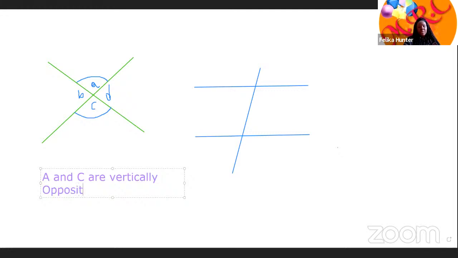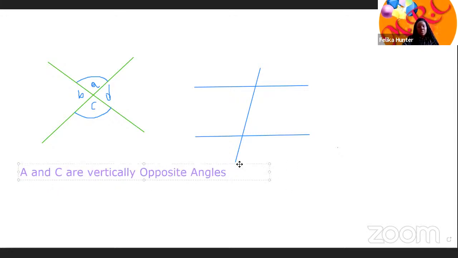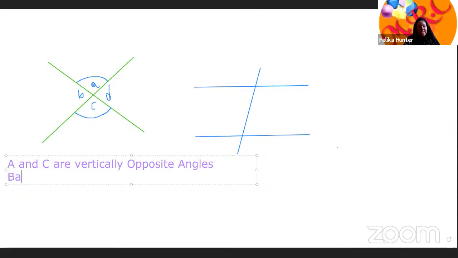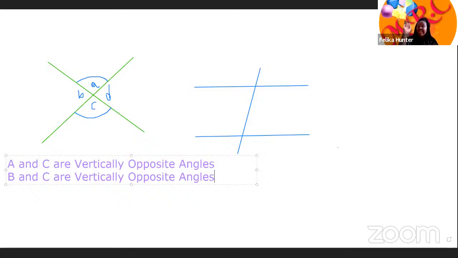Which other two are vertically opposite? B and D. B and D are vertically opposite. I think I should put that V in capital letter. Yep. The vertically opposite angles. And this is us identifying what the vertically opposite angles are here in this question.